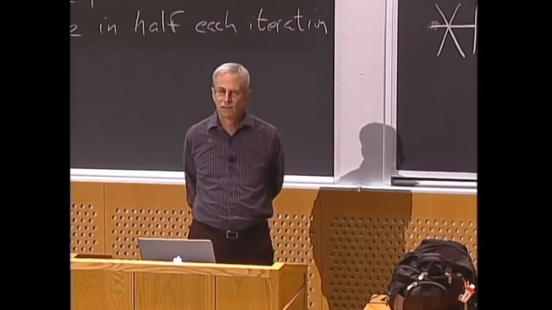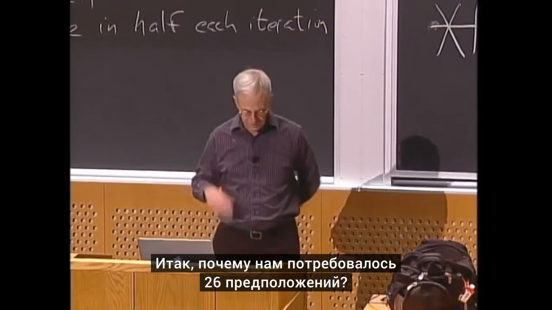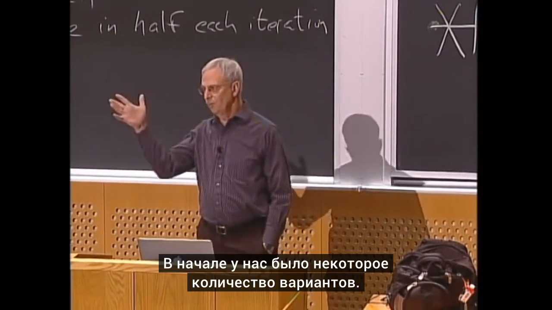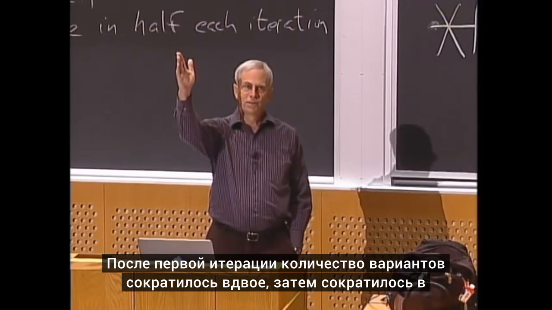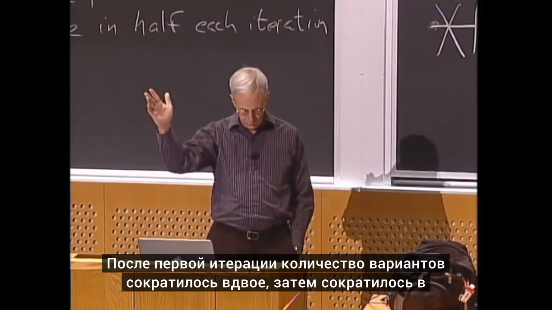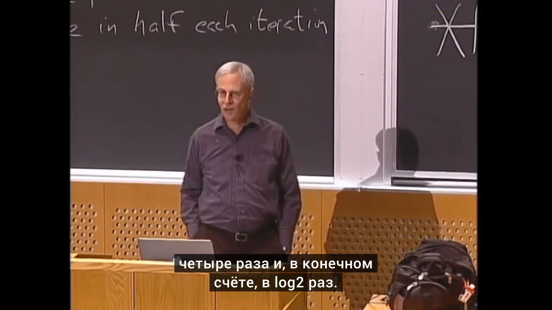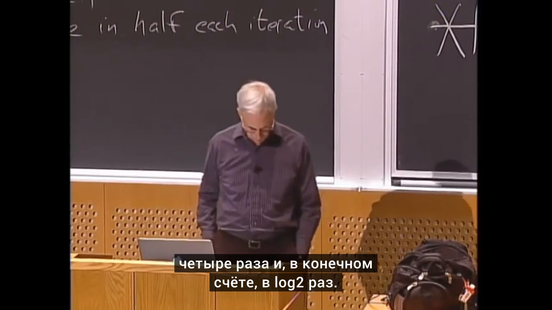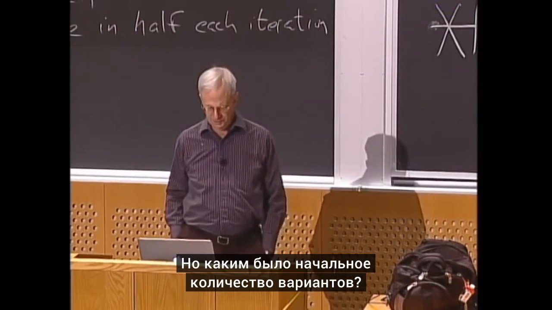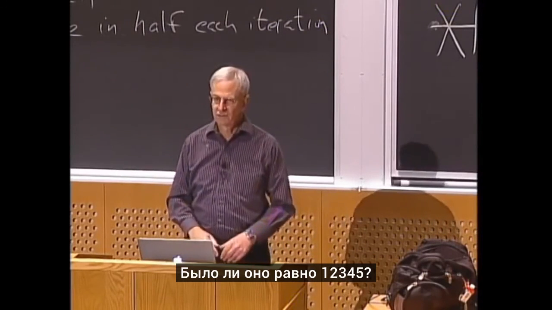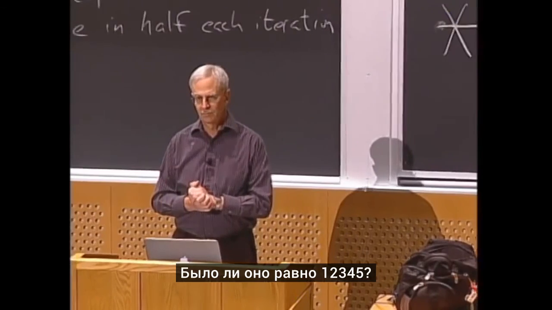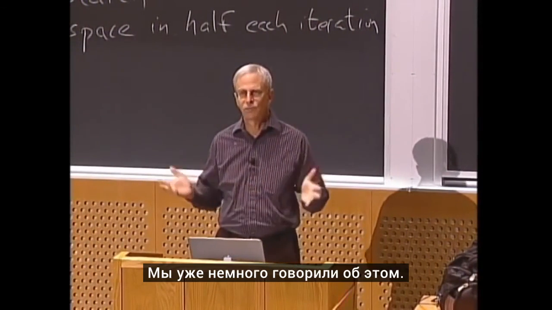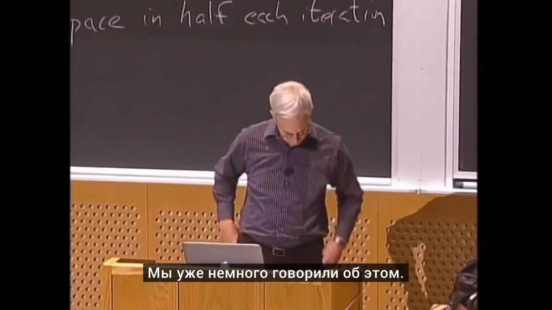All right? And again, why is it 26? Well, we had some number of guesses to start with. After 1, it was half as big, then a quarter as big, and eventually log 2 of the size. But what was the size? Was it the number 1, 2, 3, 4, 5? No, we already talked about that. What was it?